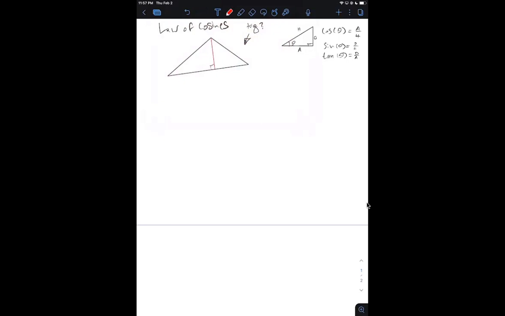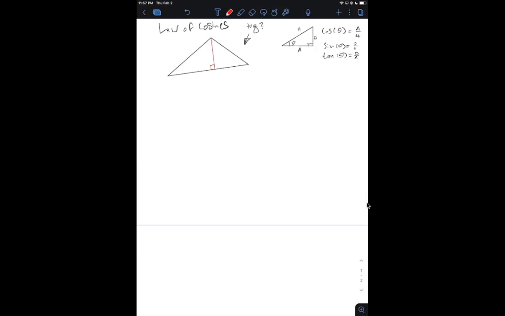I'm only going to draw this one right angle symbol here, but this forms two right angles since we're dropping this line directly perpendicular. So we're splitting the 180-degree angle defined by the line into two 90-degree angles. So now we've got two right triangles here.